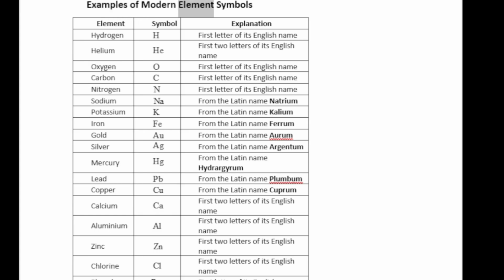Examples of modern element symbols. Element, symbol, explanation. Hydrogen: first letter of its English name. Helium: first two letters of its English name.